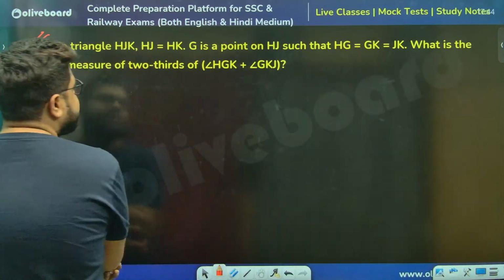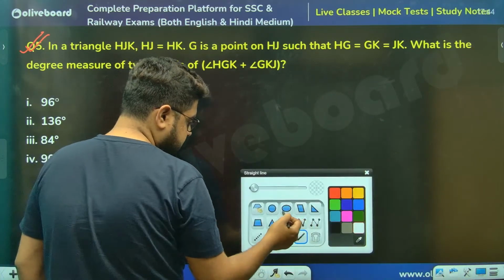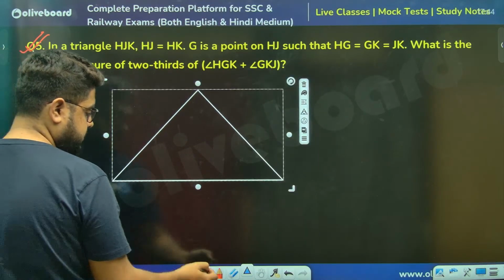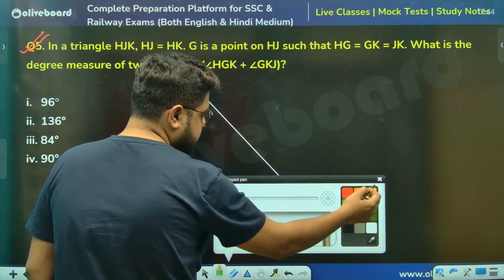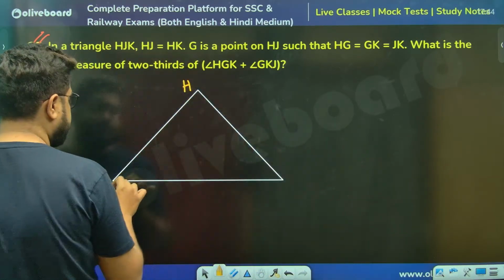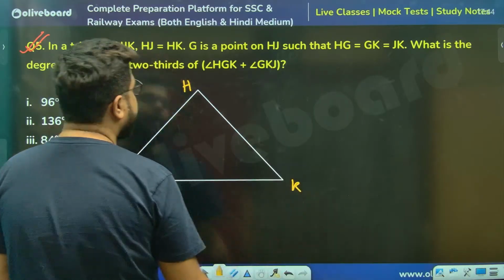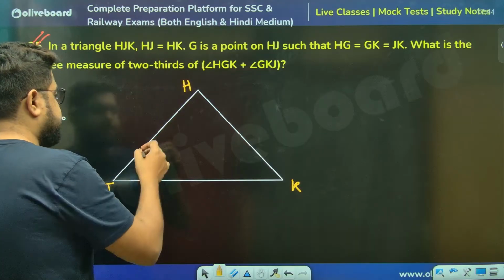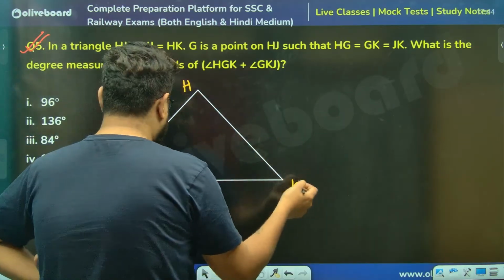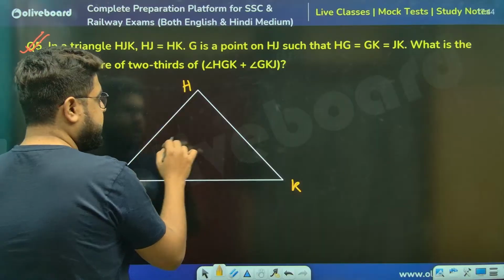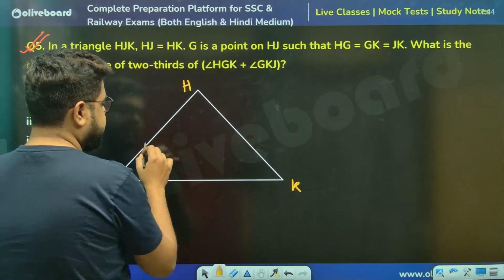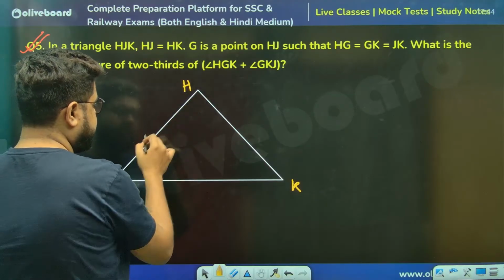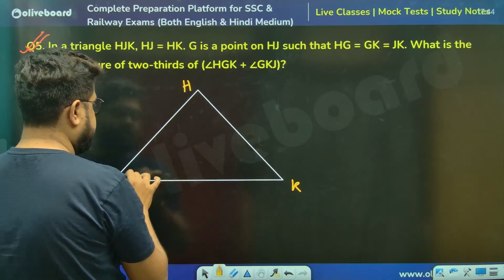In a triangle HJK, G is a point on HJ such that HG is equal to GK is equal to JK.